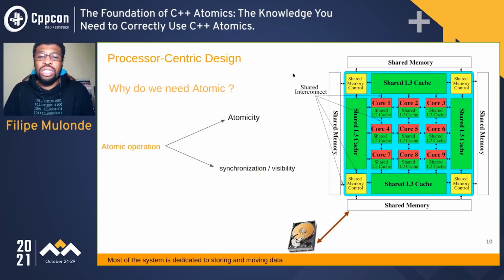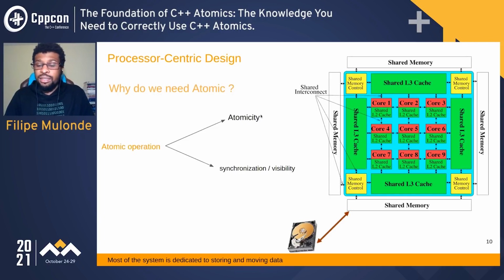Here we have a processor-centric design, and in this processor-centric design, we have a network of cores that are connected by a shared interconnect, and this network of cores are sharing memory. And the question is, why do we need atomics? We need atomic operations for 2 reasons. First is atomicity.